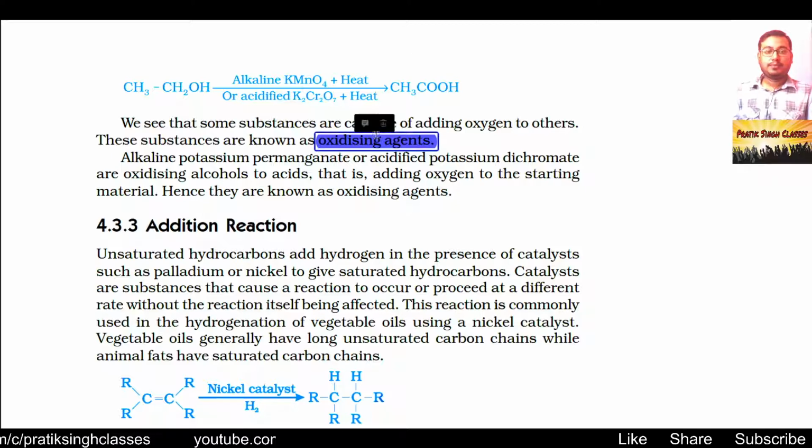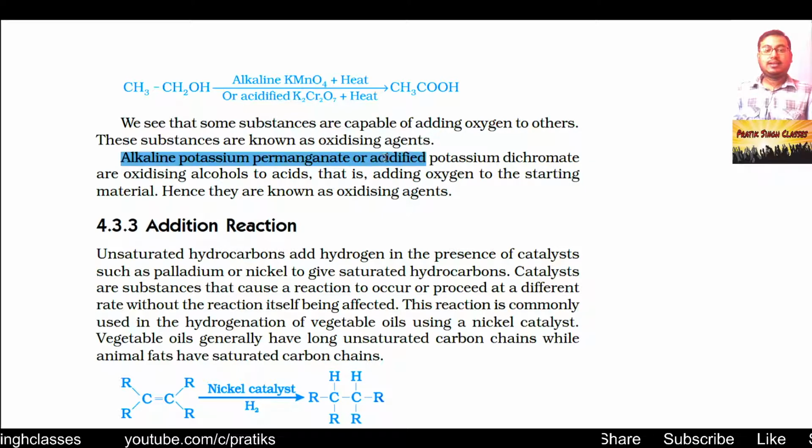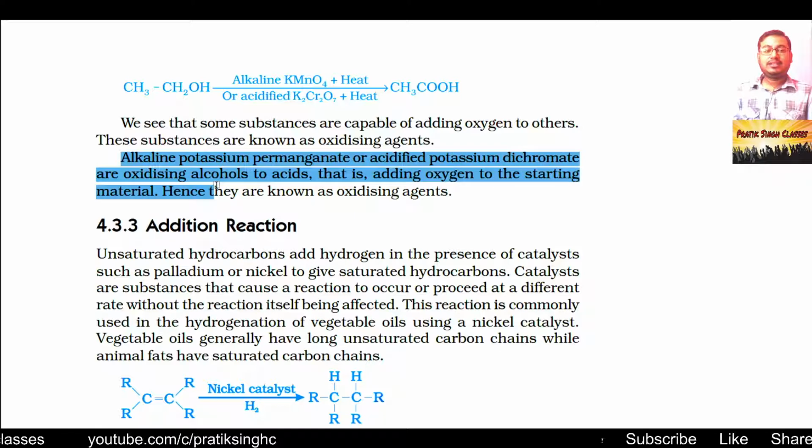Alkaline potassium permanganate or acidified potassium dichromate oxidize alcohols to acid, that is, they add oxygen to the starting material, hence they are known as oxidizing agents.